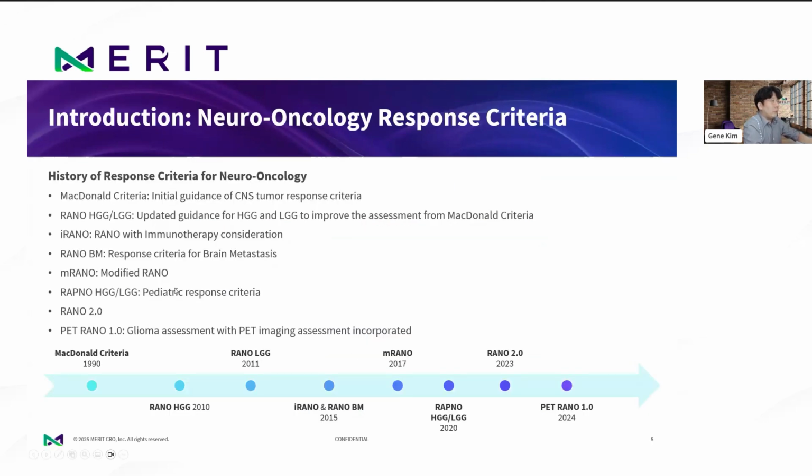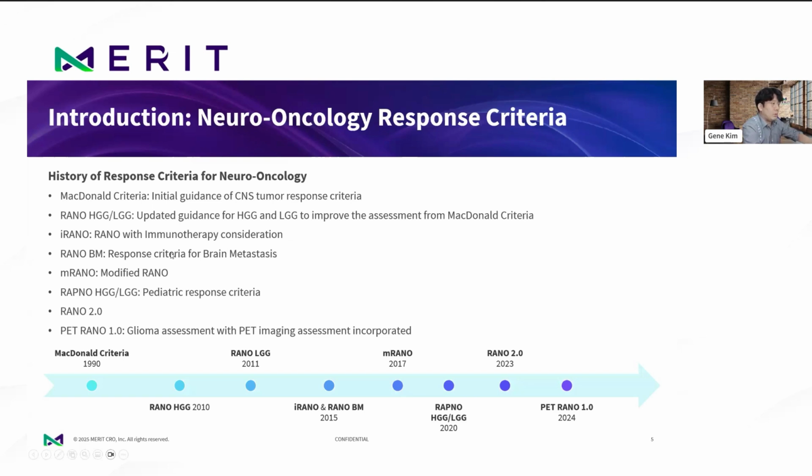A brief history of the neuro-oncology response criteria work by the RANO working group starts back with the McDonald's criteria in the 1990s, the very initial guidance on how CNS tumor response can be assessed based upon bidimensional measurement of the lesions.